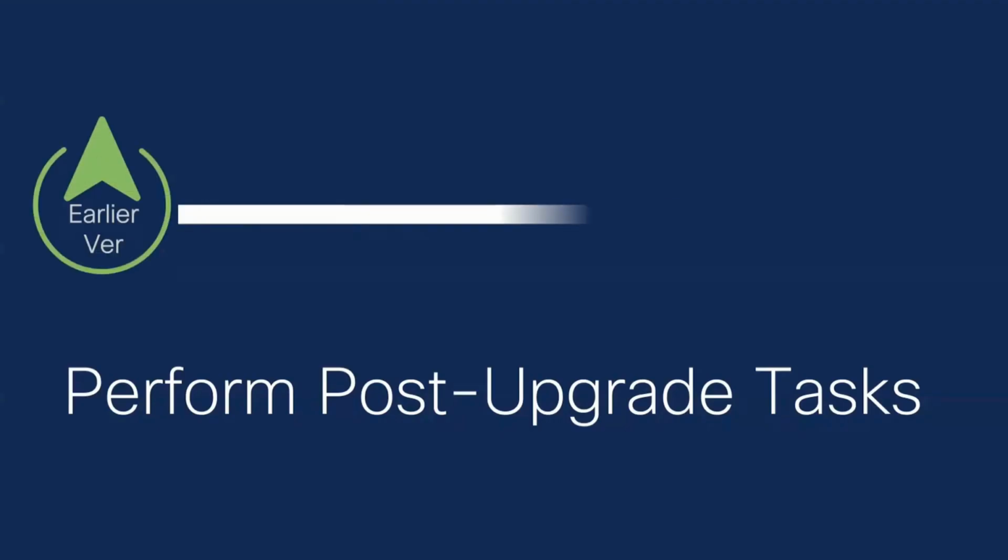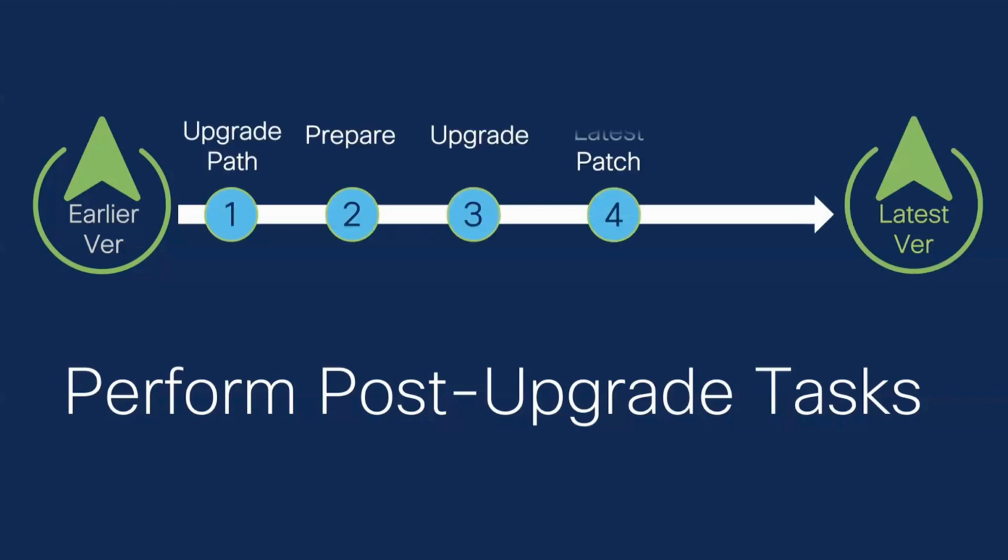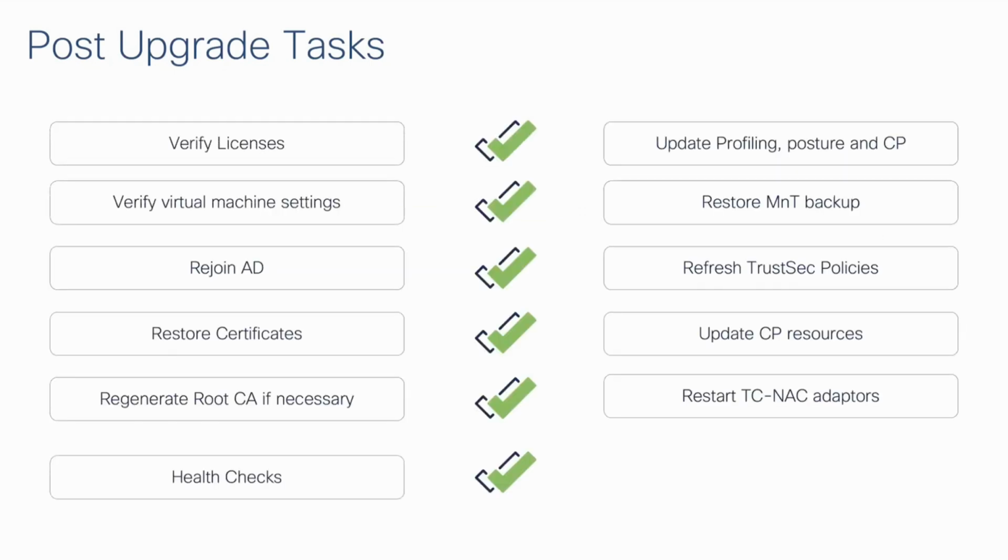And performing the post-upgrade checks, right? They are not available in the old split upgrade or the new split upgrade. These are a bunch of checklists that you're supposed to follow, which are still manual in nature, but we have health checks. If you perform these health checks, most of it is taken care of. But apart from health checks, who's going to take care of rejoining a node if it gets disconnected?